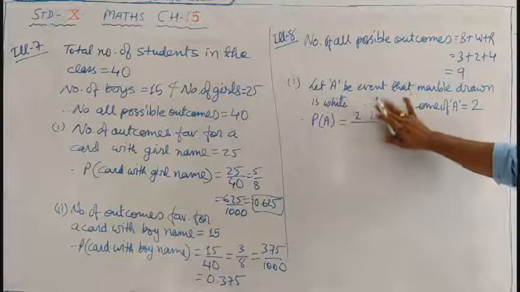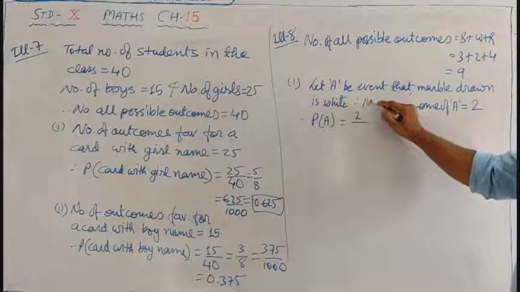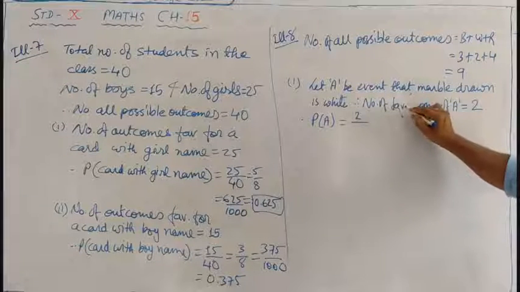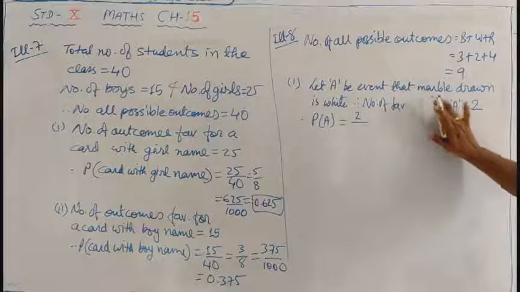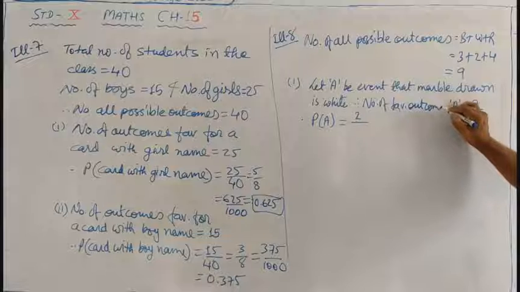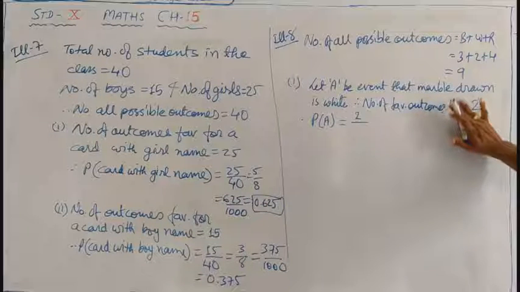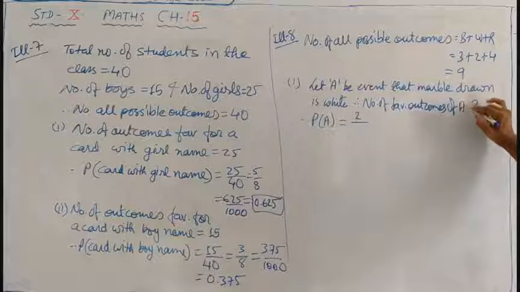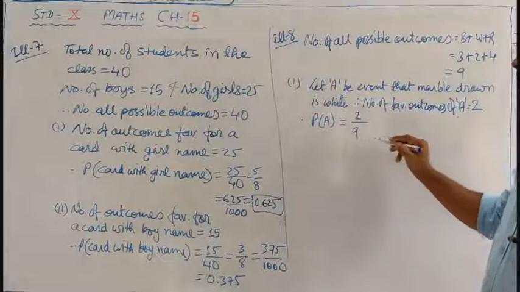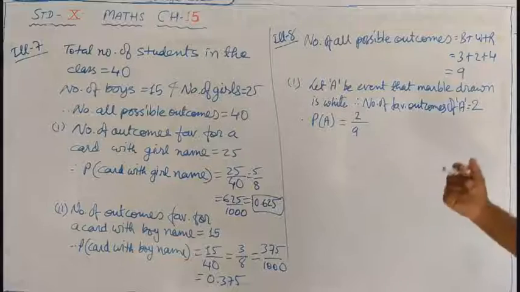So here the number of favorable outcomes of event A is equal to 2, divided by total number of outcomes, that is 2 by 9. So that is the probability.